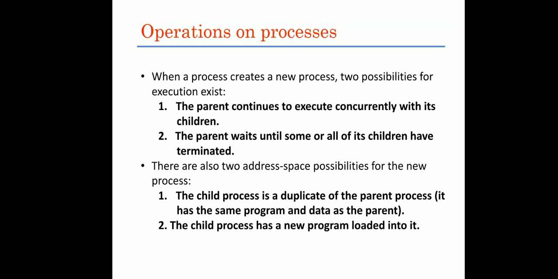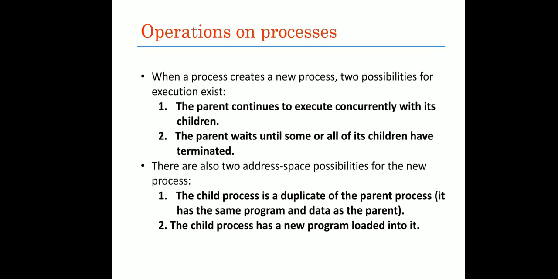One more possibility is that the parent waits until some or all of its children have terminated. In this second possibility, the parent has to wait until all its children execute and terminate, then it starts executing. This is only possible when the parent process calls the system call wait.